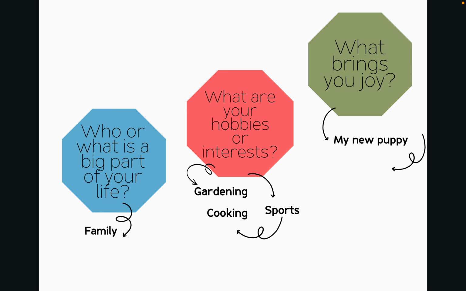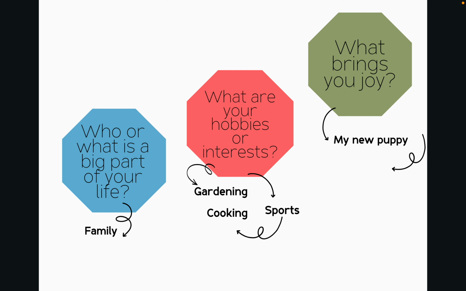You don't want them to overlap in any way. So for this example, I'm left with family, gardening, cooking, sports, and my new puppy. And for this video, I'm going to refer to these as my 5 buckets.